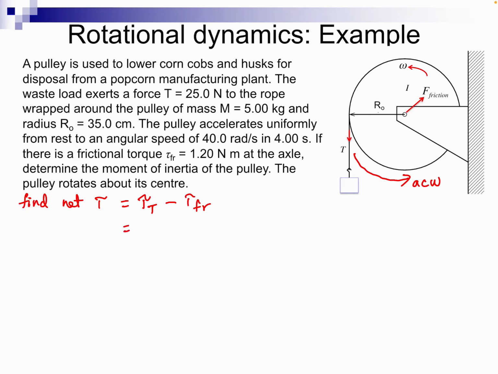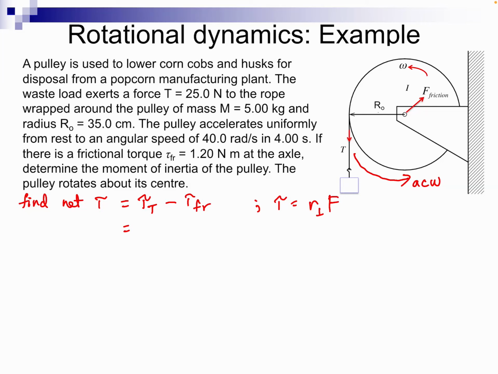Right. So torque due to tension will be the moment arm times the force. You have your tension force that's downwards, and the moment arm through the pivot will just be the radius of the pulley. So recall that torque is equal to moment arm times the force.